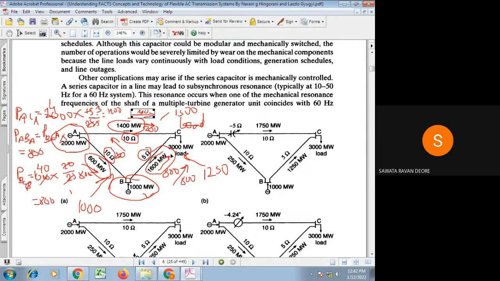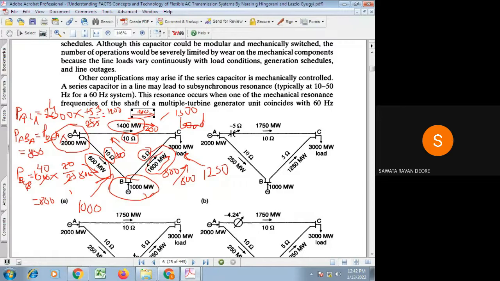Now here, this line is carrying 1400 megawatt under this operating condition where the capacity is 1500 megawatt, so there is no problem. This line has 1000 megawatt power handling capacity where it is carrying 1000 megawatt, so there is no problem.